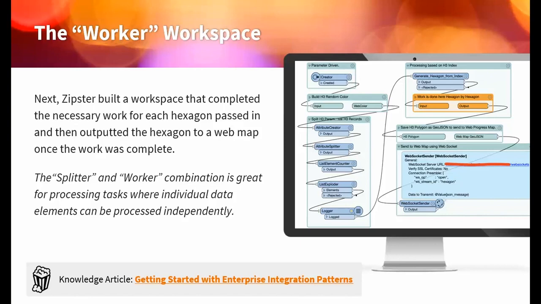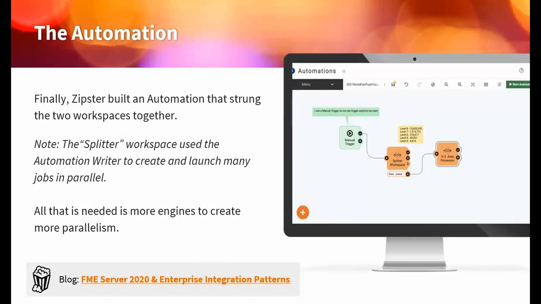So the combination of the splitter and worker workspace gives you a real-time view of your output. And you can combine these two workspaces in your automation in FME Server to give you a real-time output of your results.